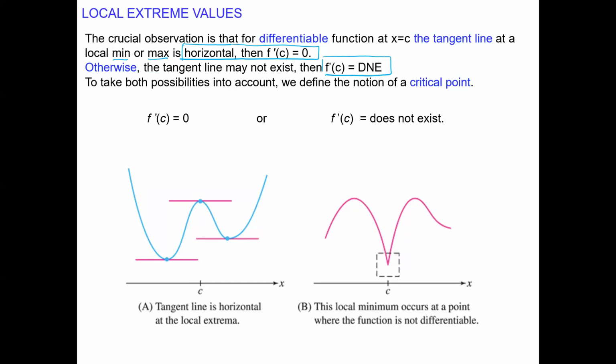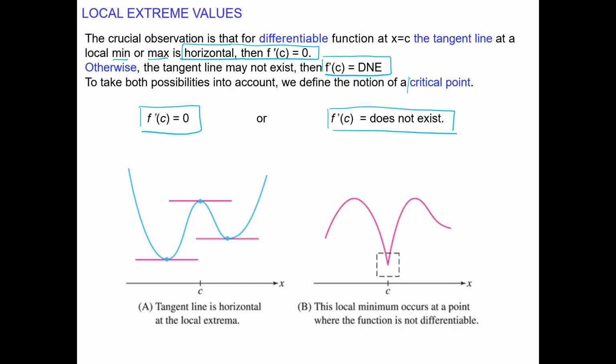And now, to take both possibilities into account, we define the notion of critical points. These are the c values wherever the tangent line is horizontal, now let's go the other way. Wherever the tangent is horizontal or wherever the derivative does not exist, horizontal tangent means derivative 0.